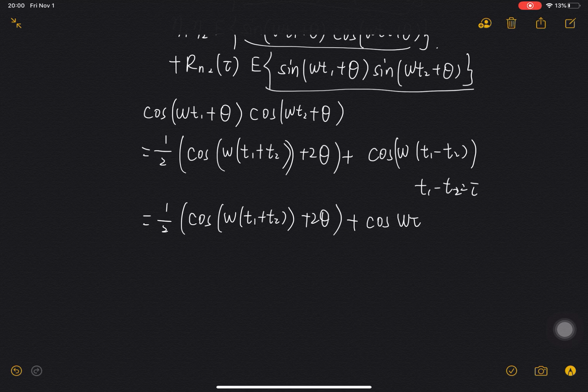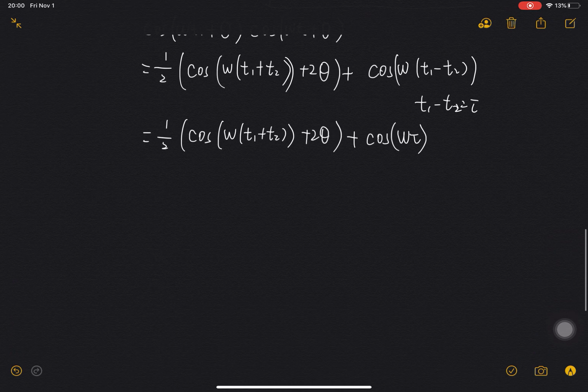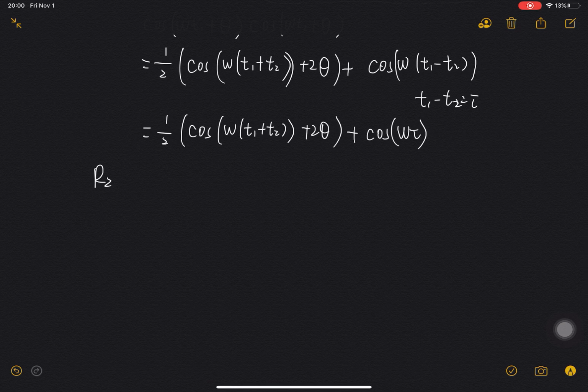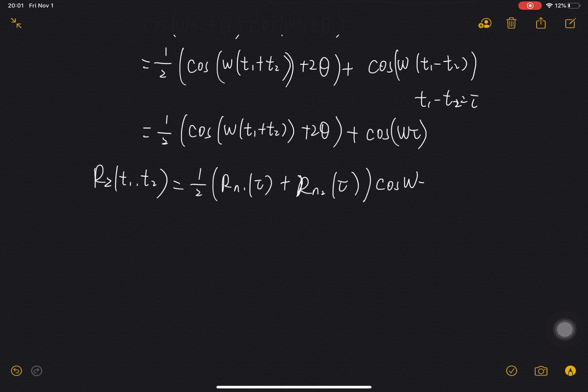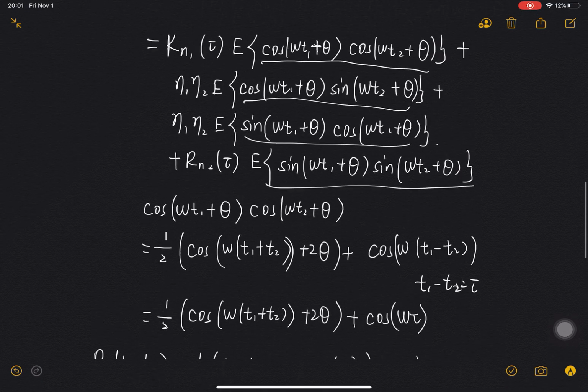Sine(ωτ), right? Okay, and the R_Z(t1, t2) equals 1 over 2 times R_n1(τ) plus R_n2(τ) times cosine(ωτ), which is R_Z(τ), right? So z(t) is WSS, okay, right?